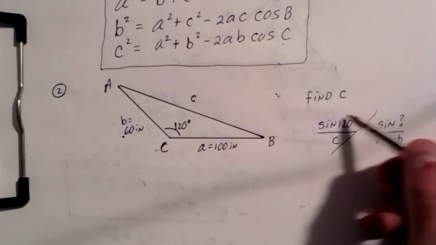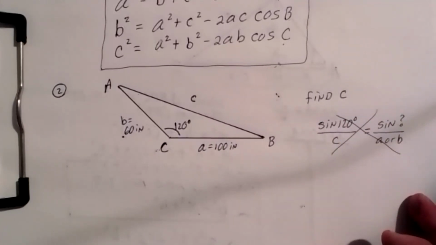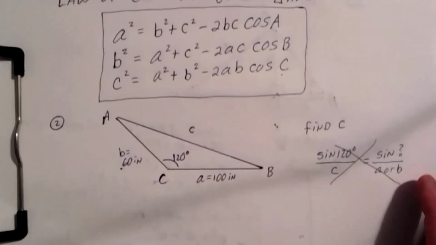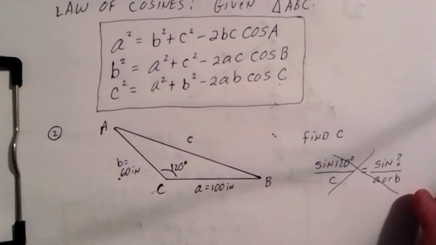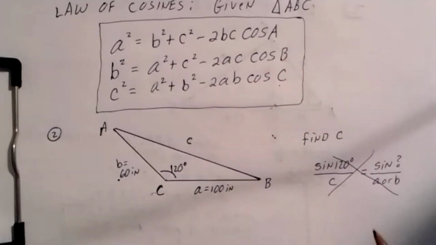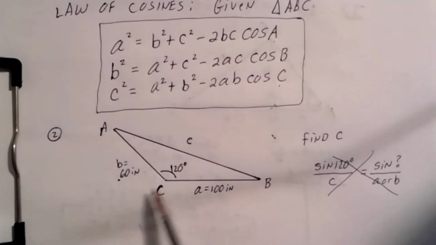Doesn't work. Got to use the law of cosines. And ladies and gentlemen, I have a question for you. If we want to find side C, what would be the relevant version of our law of cosines we'd want to work? The first, second, or third formula. What do you think? First, second, or third formula will work in the context of our situation here.